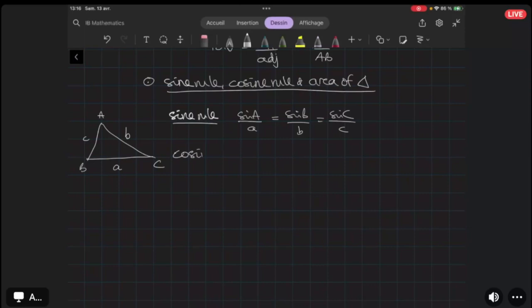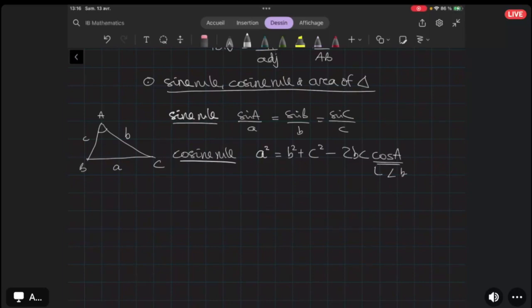The cosine rule basically says, if you're given two sides and the angle between the two sides, you can find the other side. If we take angle A, for example, a squared is equal to b squared plus c squared minus 2bc cosine of the angle between the two sides you're given.